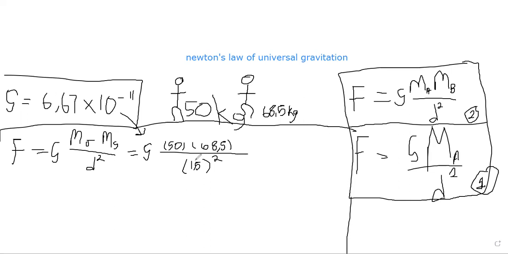That's gonna give me 7 zeros times 10, and I end up with F is equal to 1.0102 newtons.